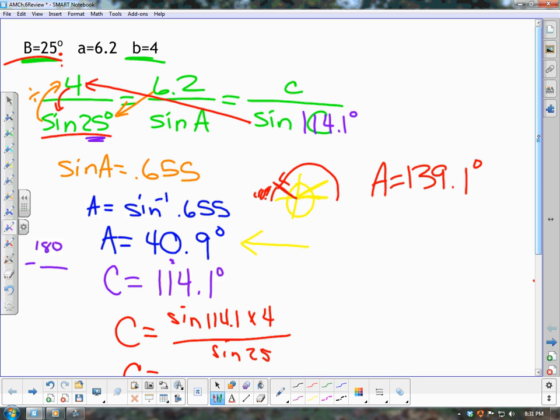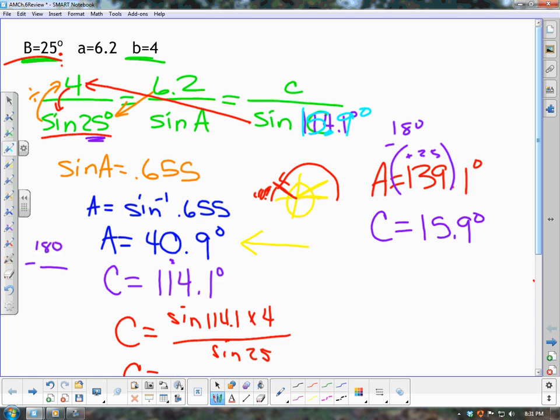So then angle A could also be 139.1, which then renders angle C to be 15.9 degrees, because you take that plus 25 and then take 180 minus that whole thing. And then you have to go through and do this all over again and put in 15.9 degrees.